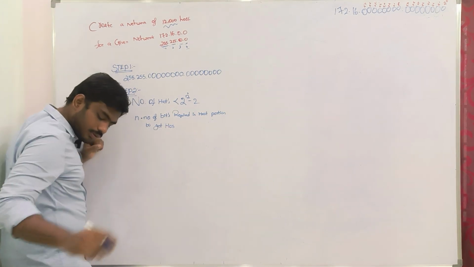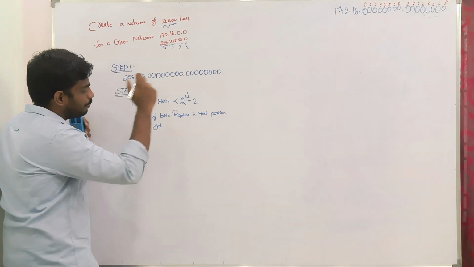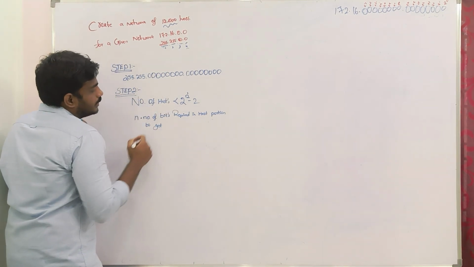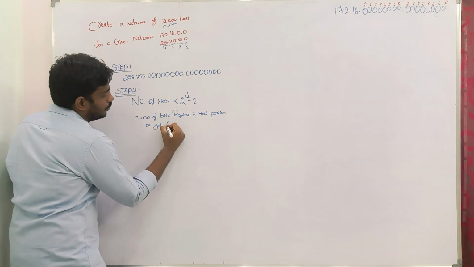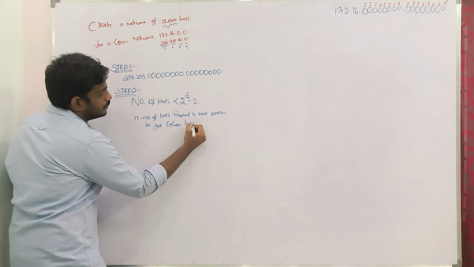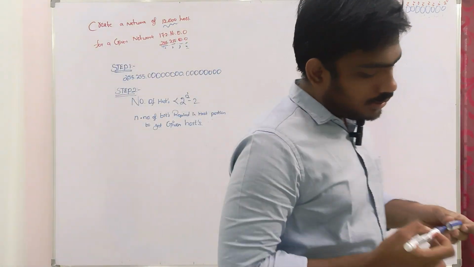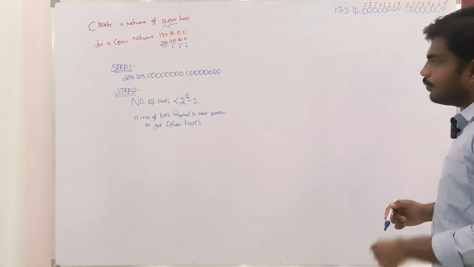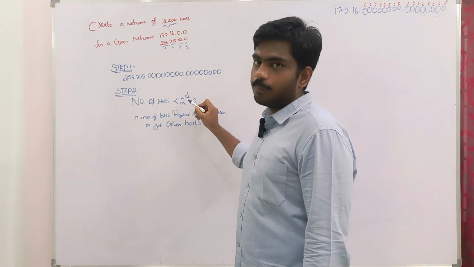Instead of writing only host, I will write: to get given hosts. So now you substitute the n value.